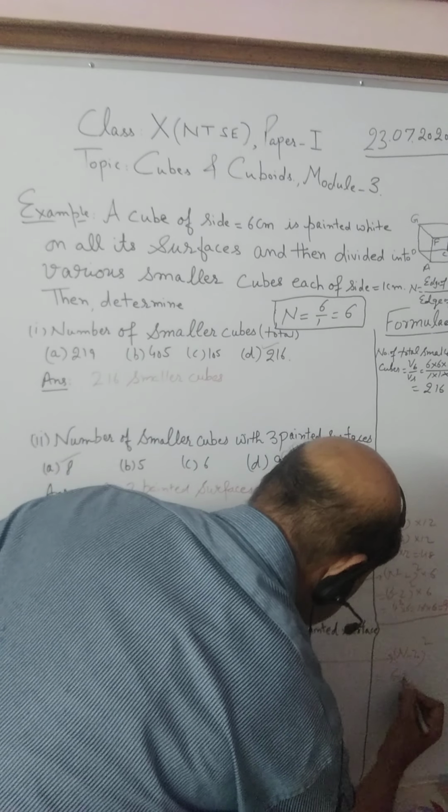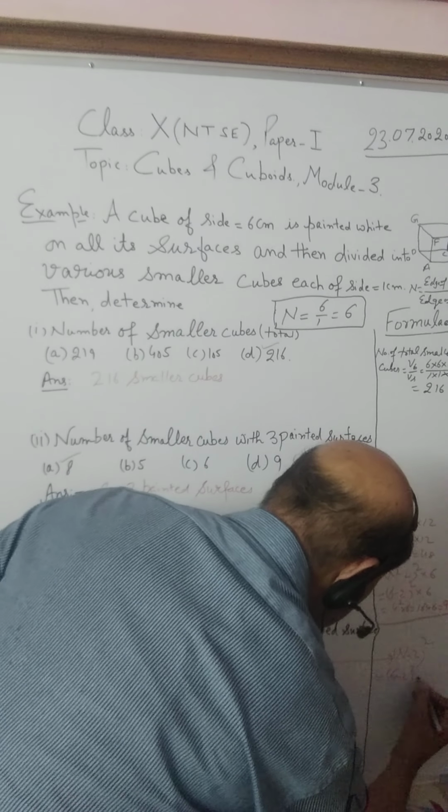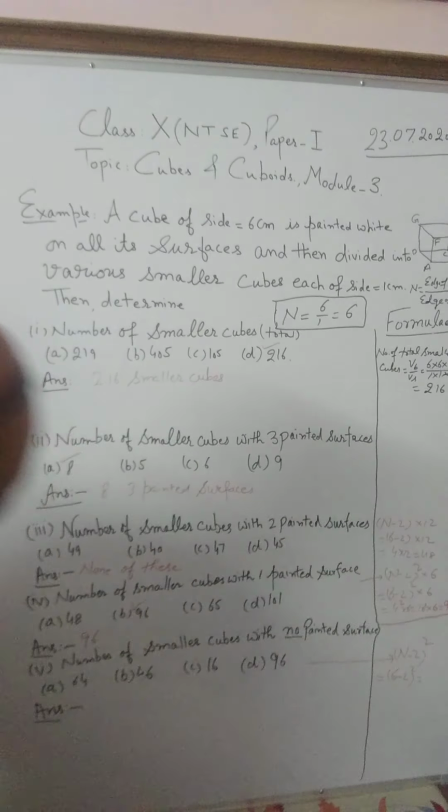That is equal to (6 minus 2) whole cube. 6 minus 2 means 4, that is 4 whole power 3. 4 multiply with 4 multiply with 4 that is 64.